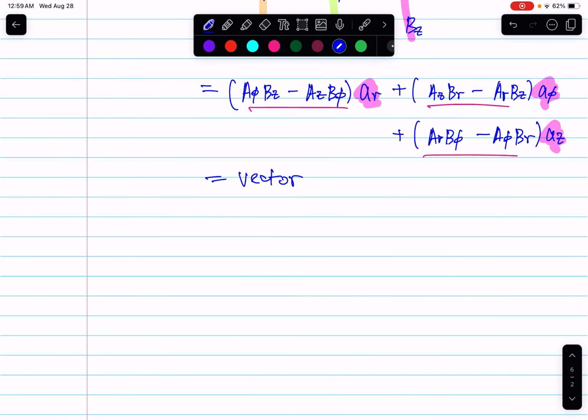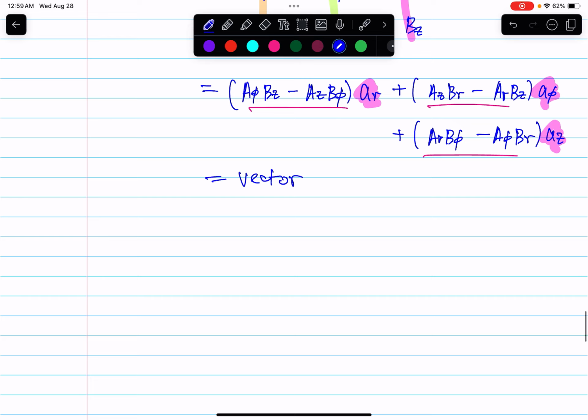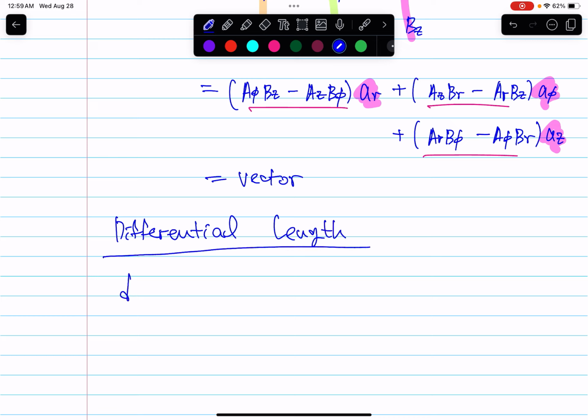So the differential length, DL. How are we going to express DL using the cylindrical coordinate systems? So let me give you the answer.